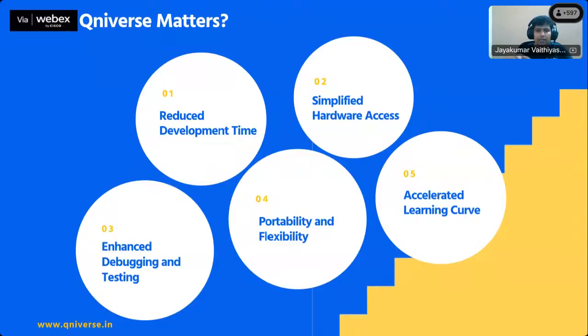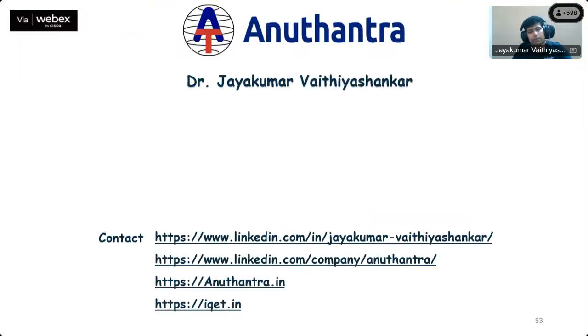They integrated many different kinds of hardware and software packages, which gives immense portability and flexibility. And each day they are adding to their repository. In one or two years, they will have a matured learning curve. So this is about Kiniverse.